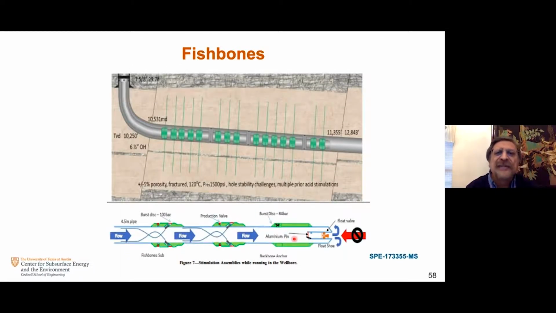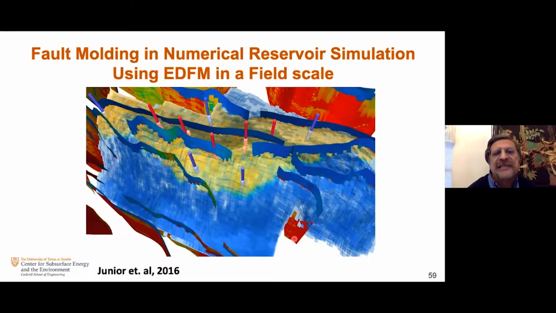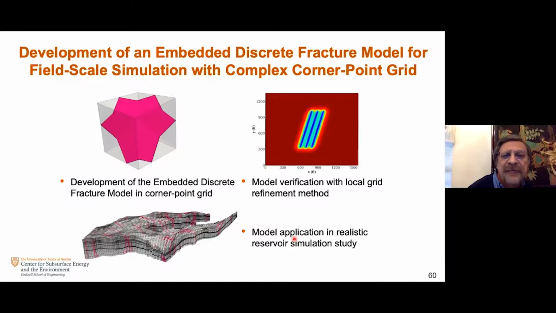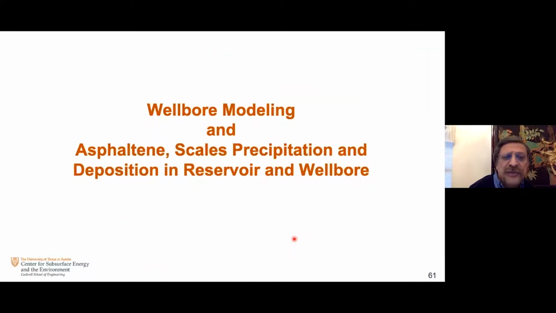This is fishbone technology. There's a company by the name of Fishbone, and we did some modeling for them, where acid creates holes around the wellbore to enhance the skin around the wellbore specifically. We have also looked at using the same technology for fault modeling. And then this has been extended to corner point as well as structured grid.